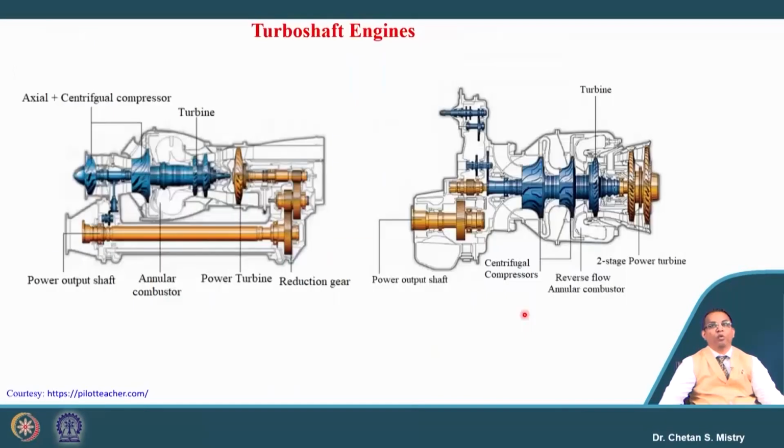Now, let us look at how exactly these engines are. Here in this case we have an axial flow compressor followed by a centrifugal compressor that is run by the turbine. So, they are all on a common shaft. Then we have the power turbine, which is not connected with this main engine; it is on a separate shaft. That shaft is connected with the power output shaft.